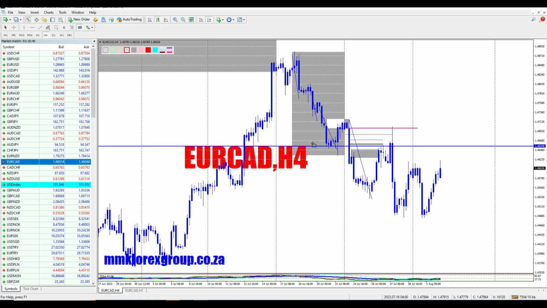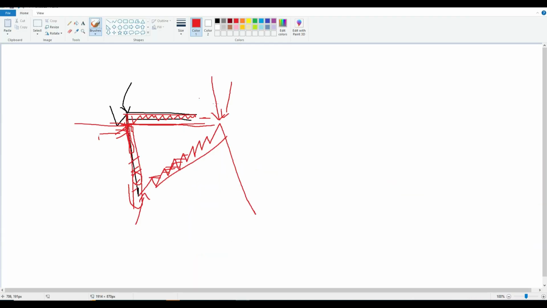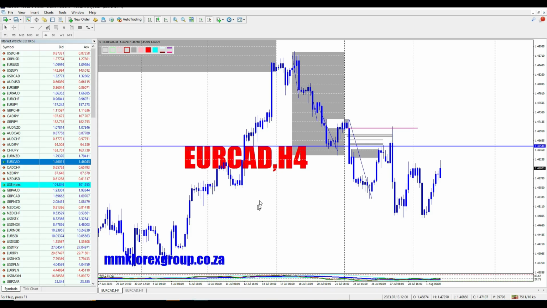So you can imagine the amount of stop losses hit just above this region. But by understanding that these orders have to be filled, you will not fall for this manipulation.